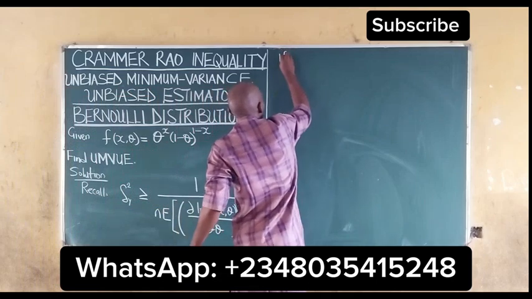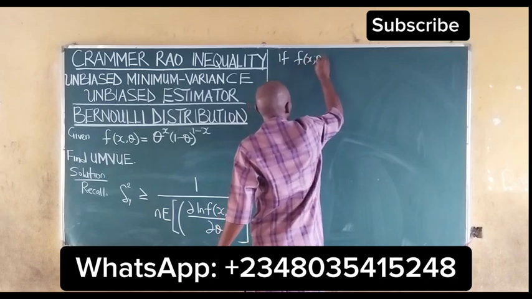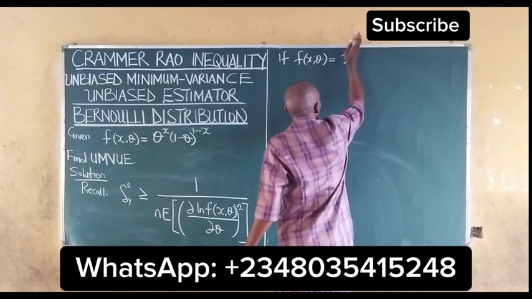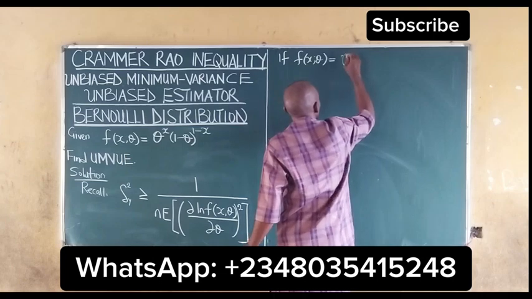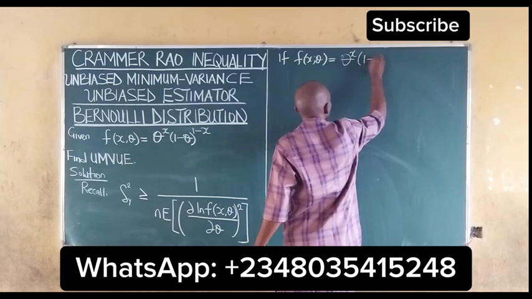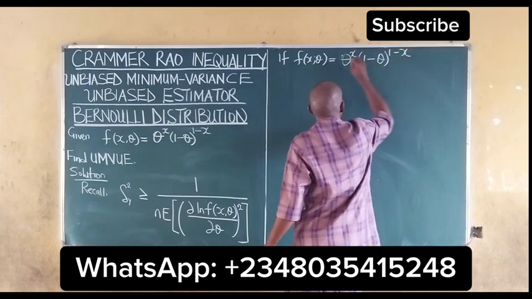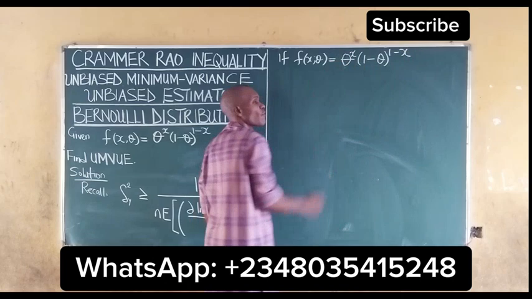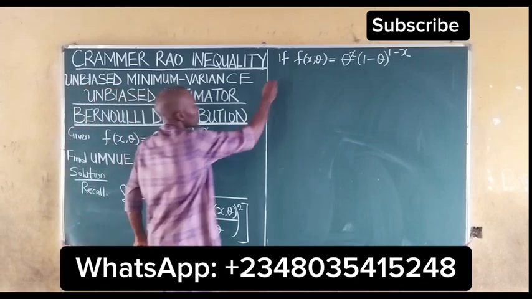First, f of x, theta is given as theta to the power x into 1 minus theta to the power 1 minus x, which is a Bernoulli distribution. The first thing to do, like we have here, is to take the log.